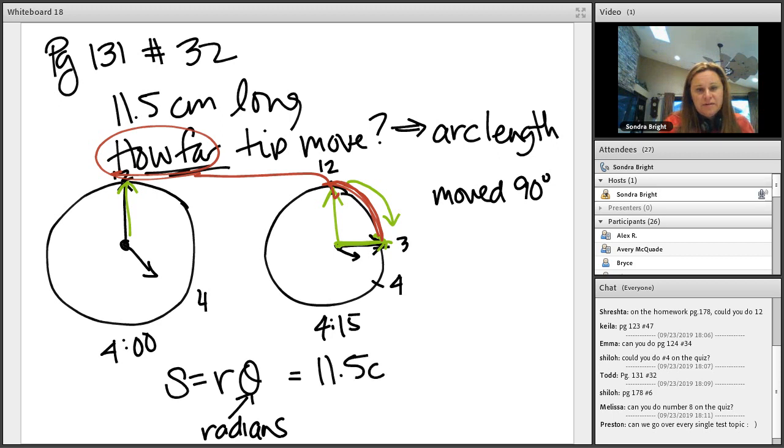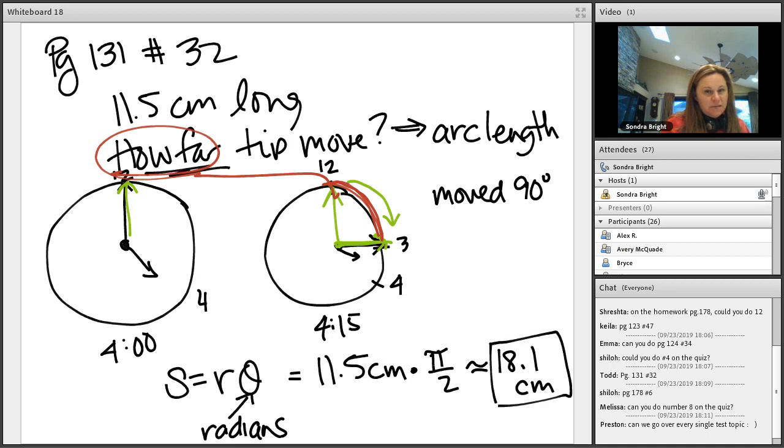And then you're going to multiply that times 90 degrees, but in radians, that would be pi over 2. And I don't have my calculator. You should get 18.1 centimeters. Let's see if that makes sense. 2 goes into that, 5-ish, 5 times 3, yeah, that should be about right. Hopefully, if you put that in your calculator, 11.5 times pi over 2.